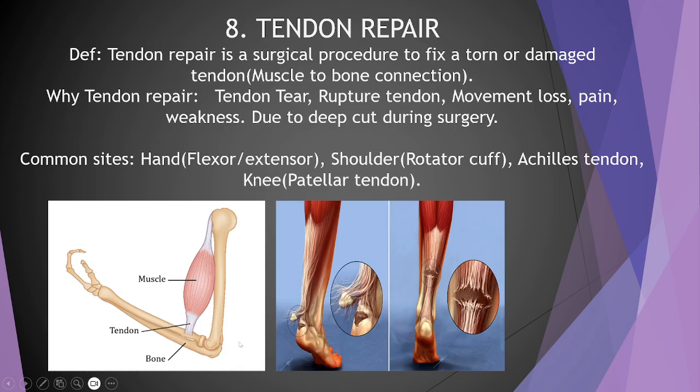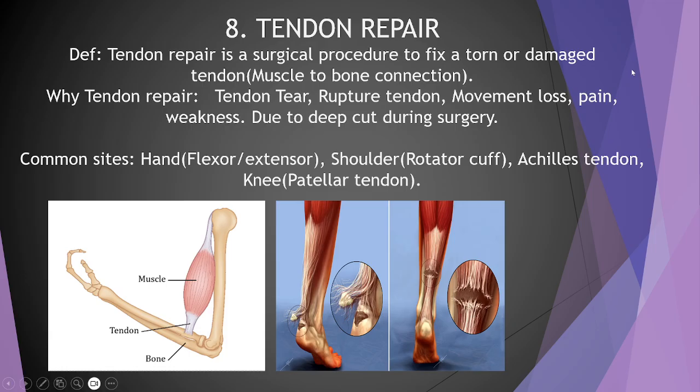Tendon repair is a surgical procedure to fix the torn or damaged tendon that connects muscle to bone. Common sites of tendon repair are the hand flexor and extensor tendons, the shoulder rotator cuff, the Achilles tendon, and the knee.